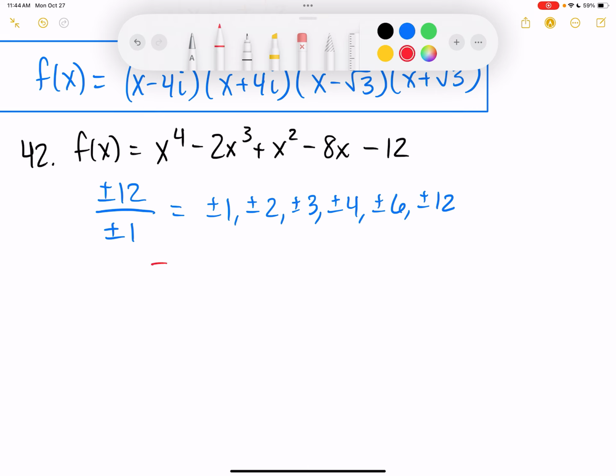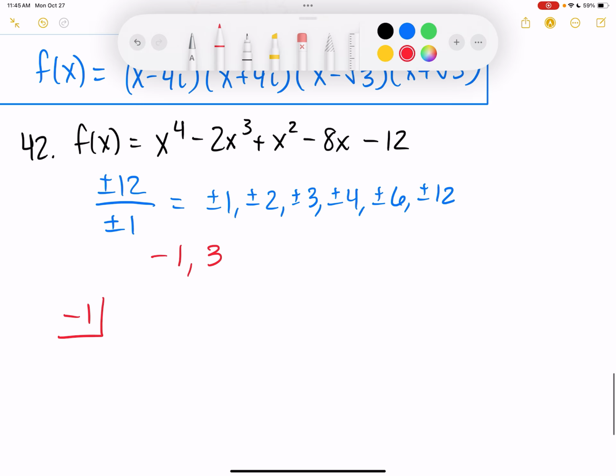Oh yeah, that's one. Now, as soon as you put it in synthetic and it's not equal to 0, you'll know it's not right, and you would know to try something else if you had misread it. So then you just have to start over. All right, so do you want to start with -1 or with 3? All right. So -1. Again, no missing terms, so I'm good.